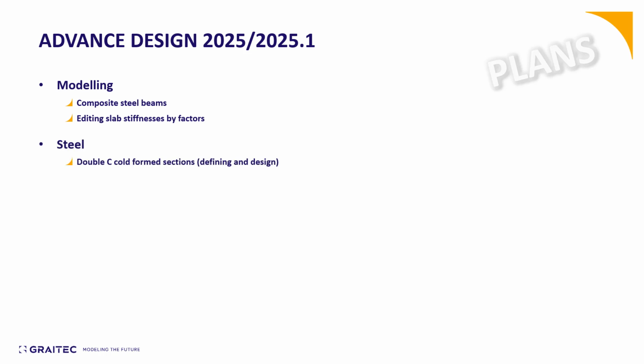For the steel design area, we want to provide design of double C cold-formed sections, so design checks according to a special Eurocode for that kind of section. For timber, there are two bigger points: the possibility to design variable beams, and for frames, calculation of deflections using special rules from the national appendix.